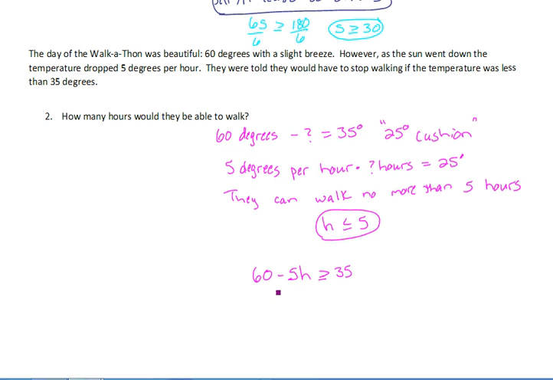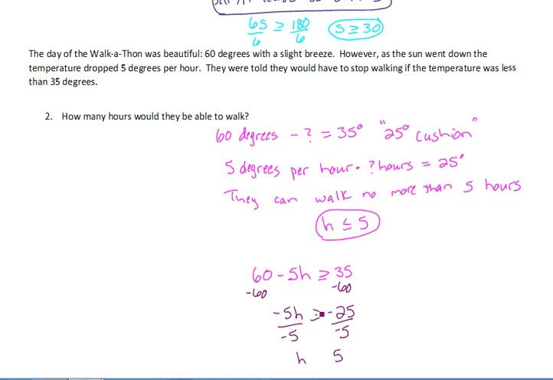I want to get that hours by itself, so I'm going to subtract that 60 over. 35 minus 60 is a negative 25, so I have negative 5 hours greater than or equal to a negative 25. I'm going to divide that negative 5 off. Okay, I end up with my hours, I end up with my 5.